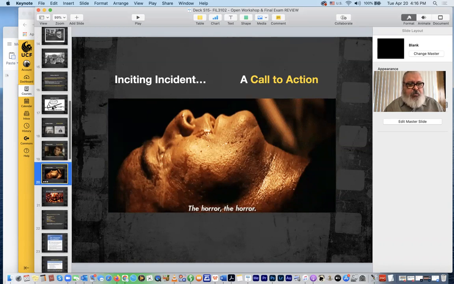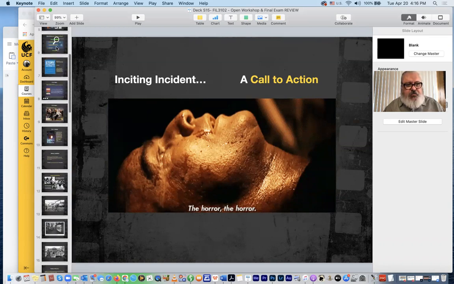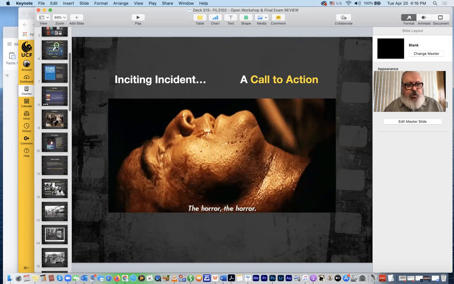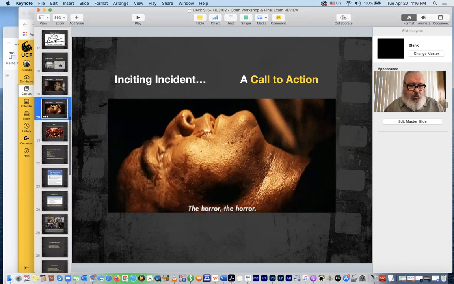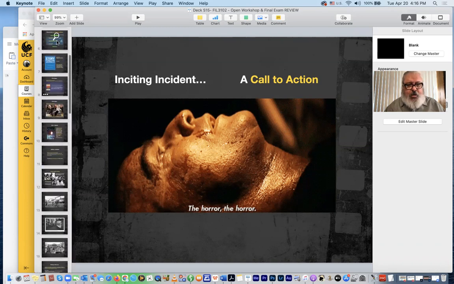So all of this that I'm talking about right now is first act preparation for your screenplay. So it's all of the things, with the exception of Kurtz's final monologue, that get our story into motion, right?